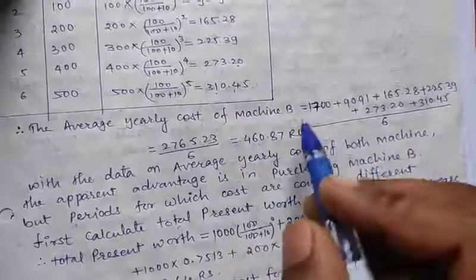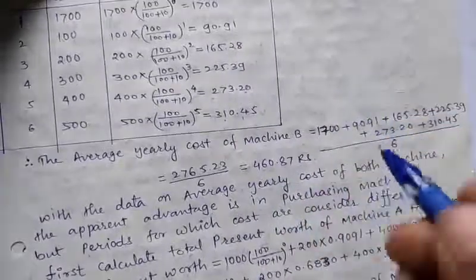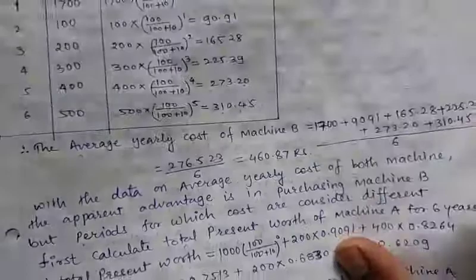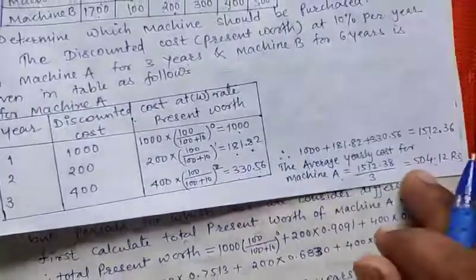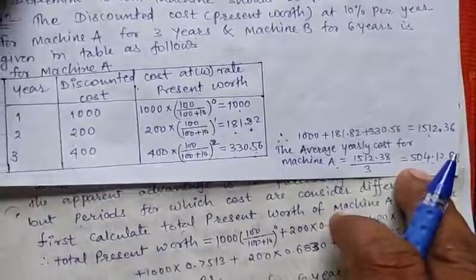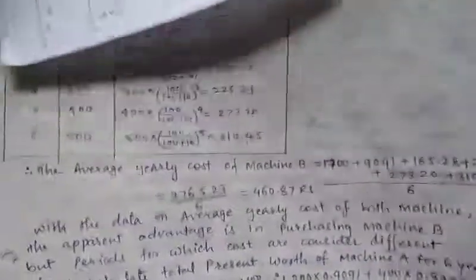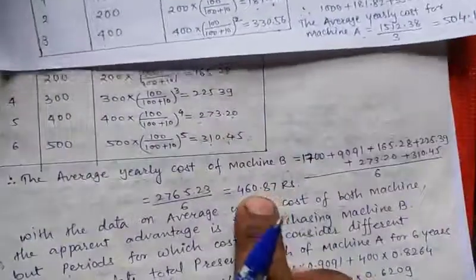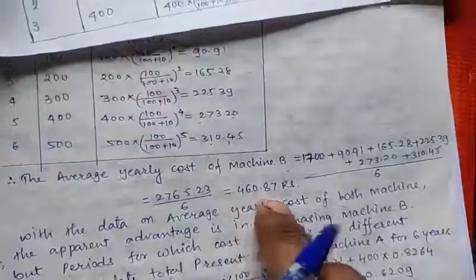Now with the data on the average yearly cost of both machines, the apparent advantage is in purchasing machine B. The average cost of machine A is 504, and for machine B we get 460.87 rupees.